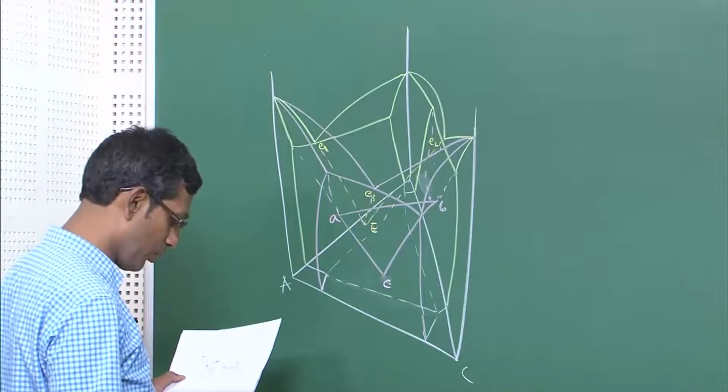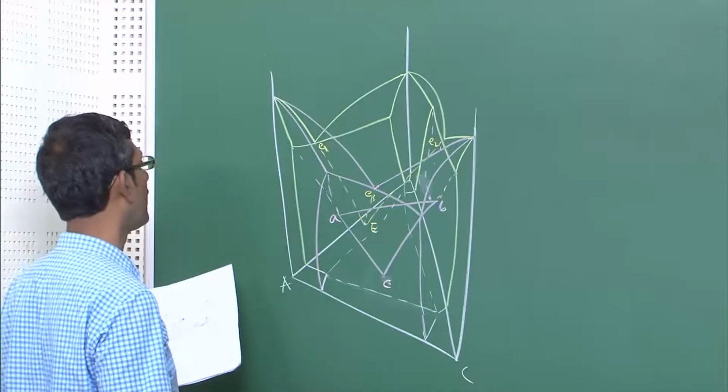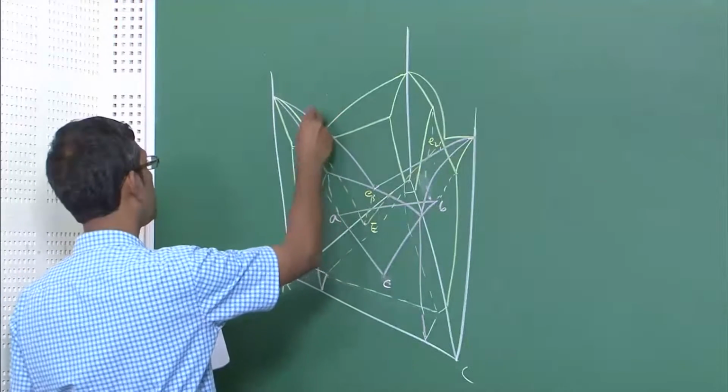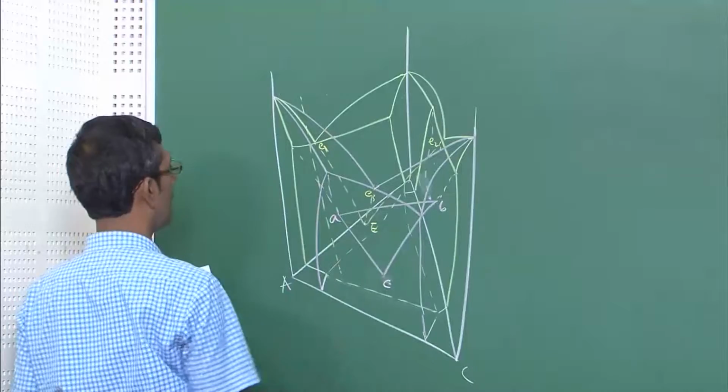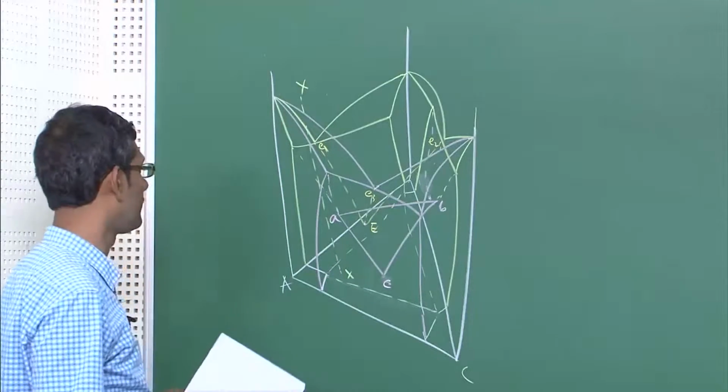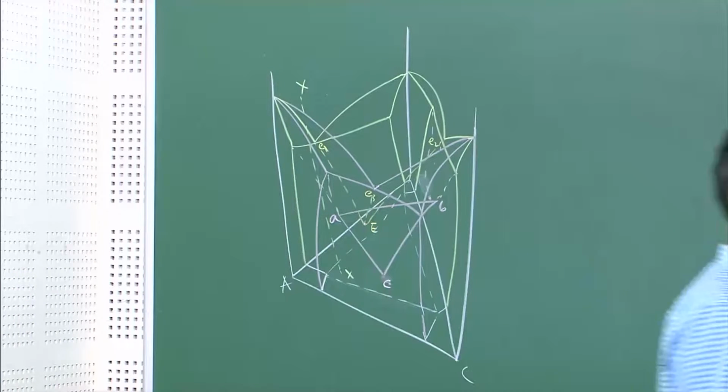Now, if I want to know solidification of an alloy, that is what I told you, it is going to be a little bit cumbersome like this. How it is going to happen? Okay.